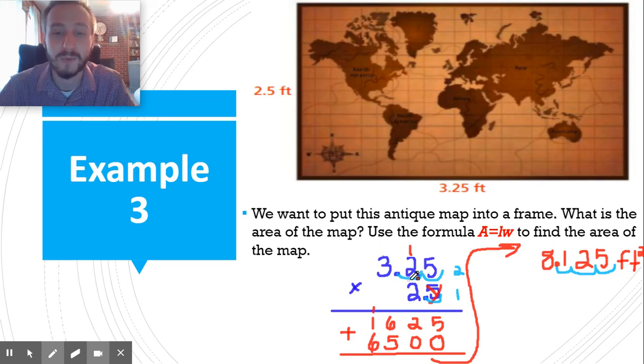In this case, it was 1, 2, 1. Add them together. 2 plus 1 makes 3. That means you move from right to left 3 spots. Okay? We're going to try a few more examples together, and hopefully it will all come together for you.